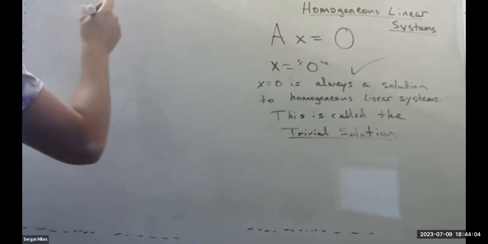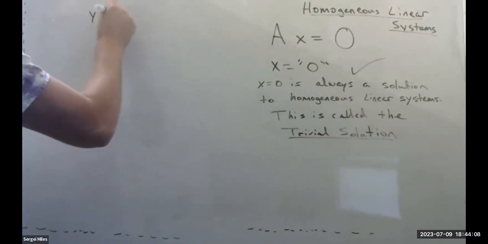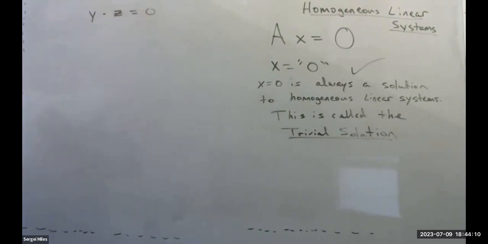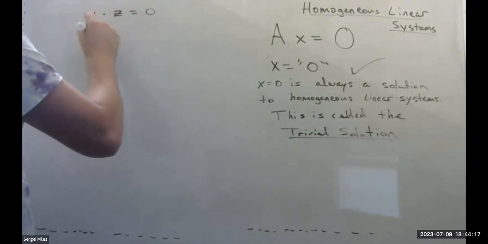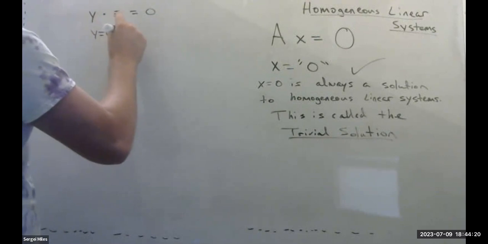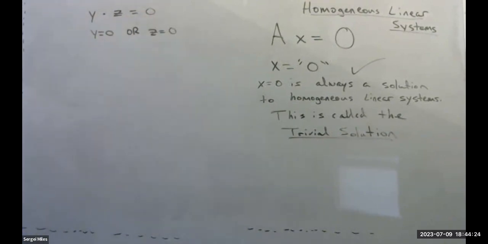If I say y times z equals 0, with regular real numbers the only way this can happen is either y has to equal 0 or z has to equal 0, right? However, when we're talking about matrix multiplication, this is different than real number multiplication.